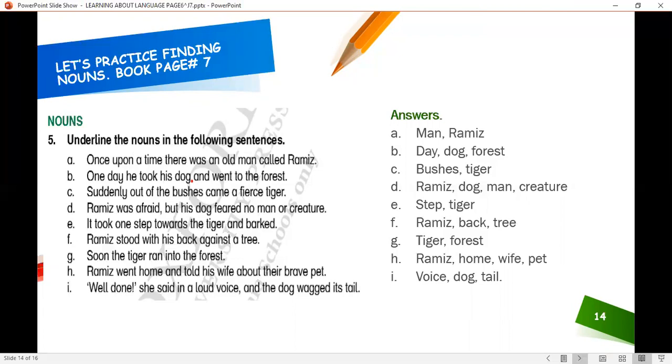Can you find a noun here? Yes, bushes and tiger. Ramiz was afraid, but his dog feared no man or creature. Now, Ramiz, dog, man, and creature are the nouns in this sentence.